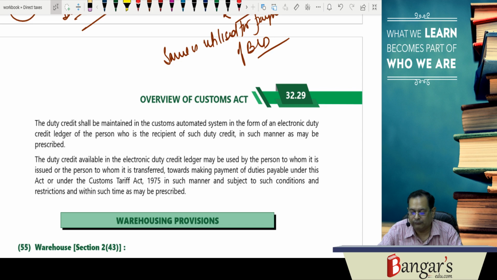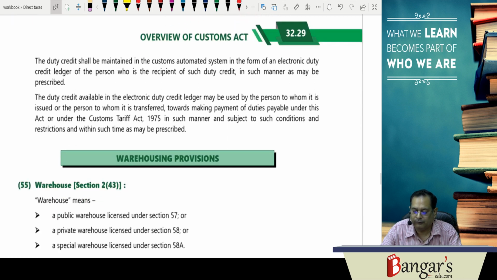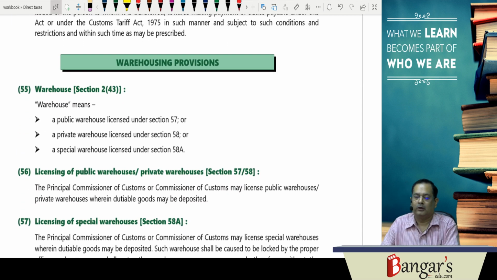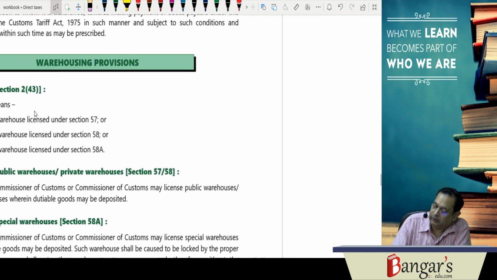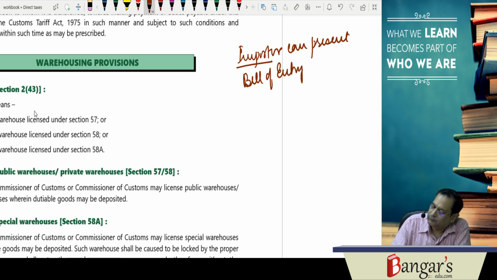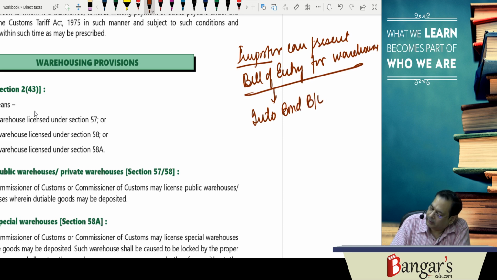Now we have warehousing. We will be discussing the warehousing provisions also. As I already told you, the importer can present a bill of entry for warehousing. This is the into-bond bill of entry.